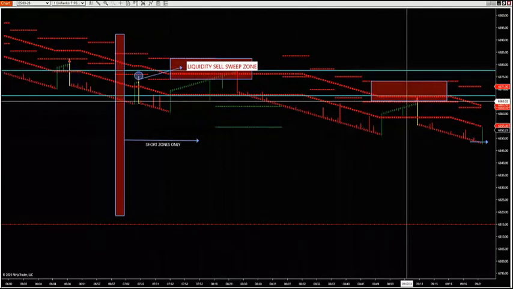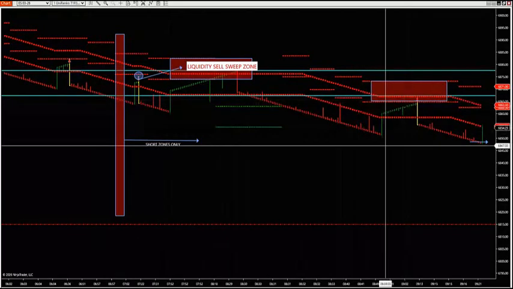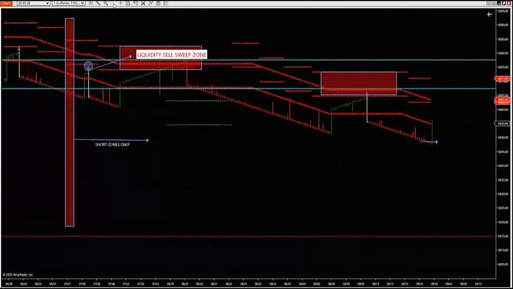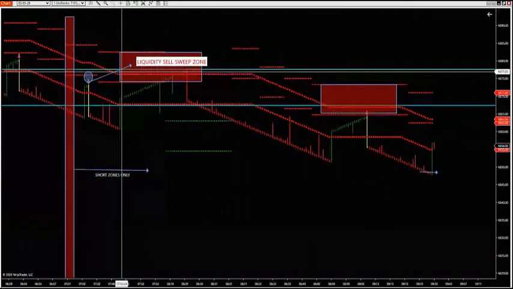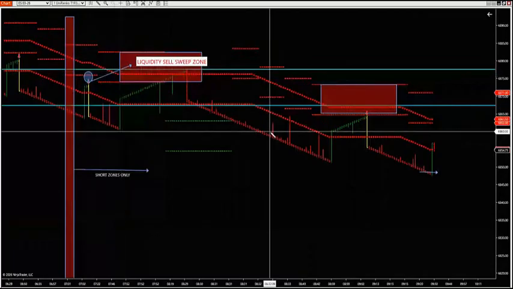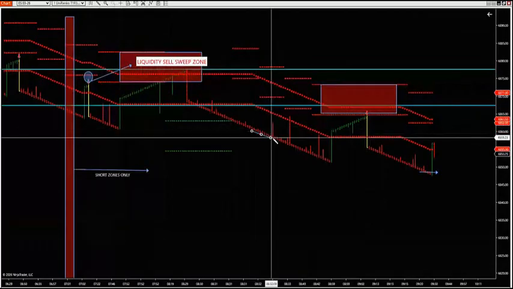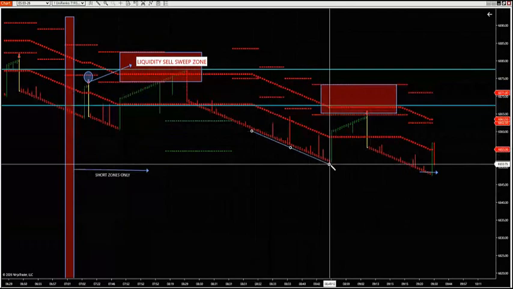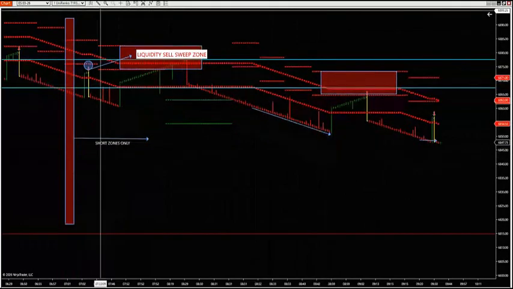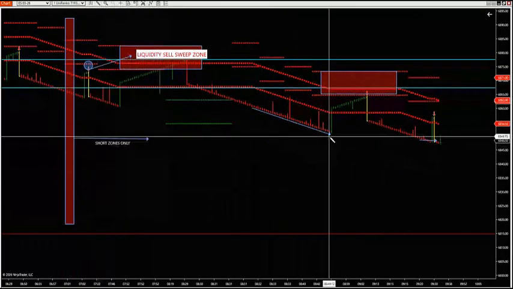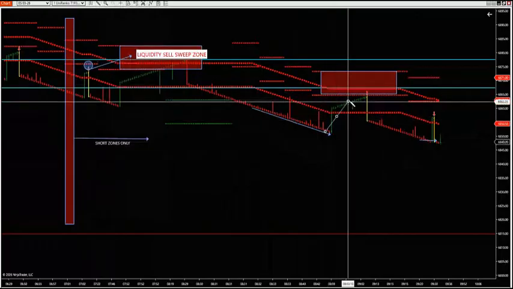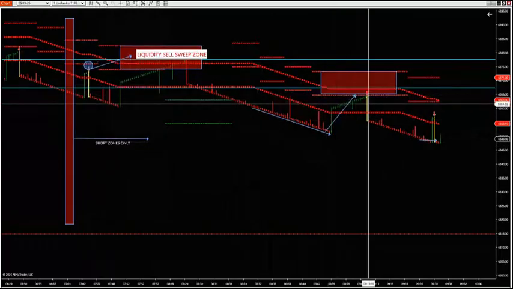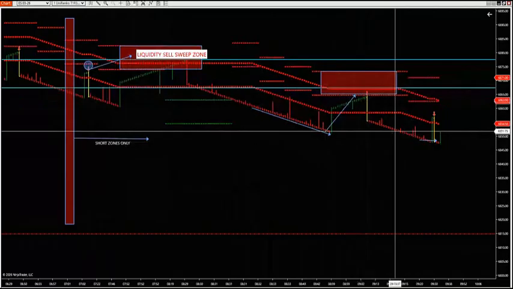Why did they stop it right at my sell zone again? They're bringing it back up, taking all these stops right here, all these players that got short right there, the amateur traders, and they're sweeping it back up at the sell zone, sweeping liquidity to bring it lower.